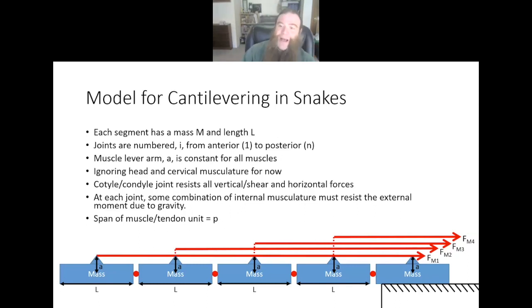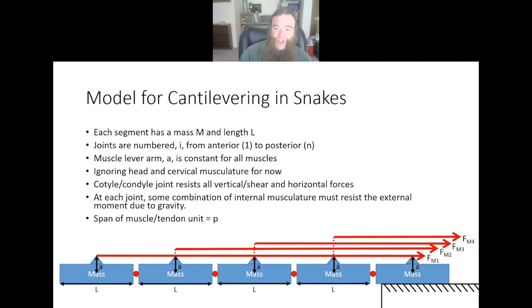So all we care about is the moment, the rotation at the joint. So, thus, at any given joint, some combination of internal musculature across these N muscles resists the moment imposed by gravity. And the span of this is P.